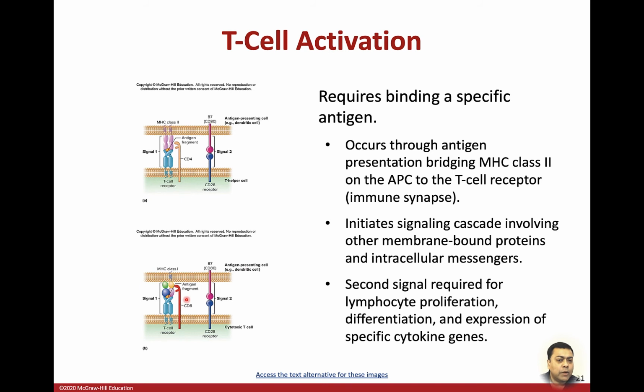So let's see what is happening in a different case. In this case, what you are seeing, still, is an antigen presenting cell right here. As I said, all nucleated cells in the body will have MHC1. So here you have the same, suppose the same antigen presenting cell or the dendritic cell, but here the antigen is loaded onto this MHC class 1.